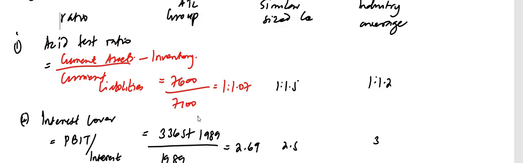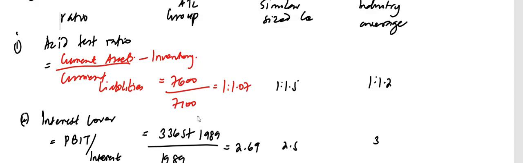It is lower than both the similar sized company and the industry average. What does this indicate? This indicates a potential liquidity problem, as the company may struggle to meet its short-term liabilities with its most liquid assets.